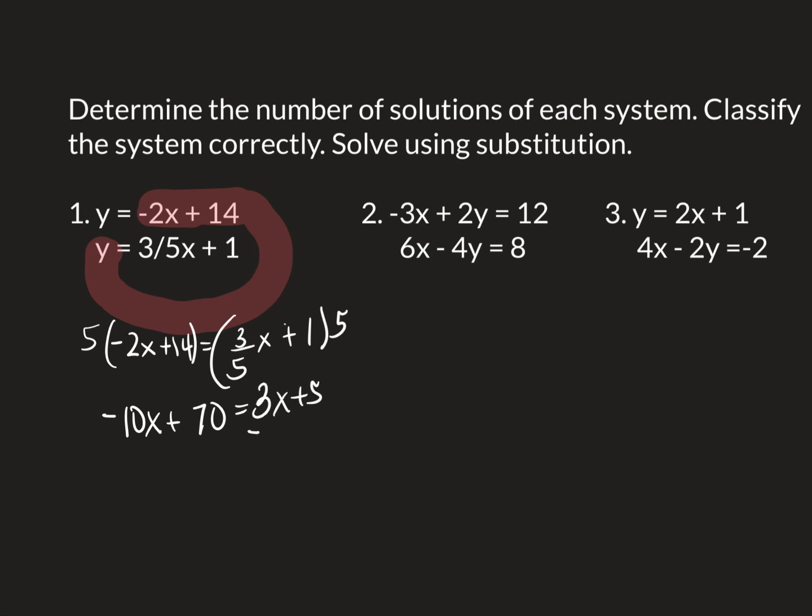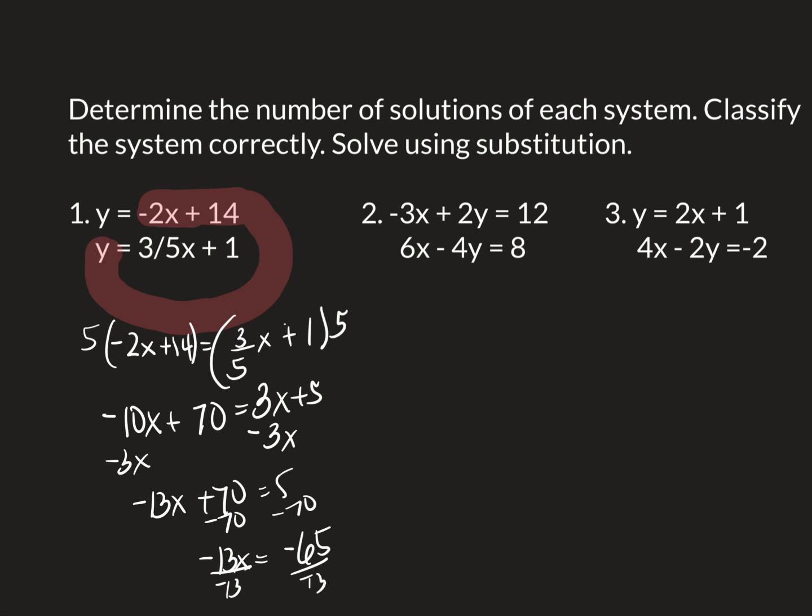I'm going to subtract 3x, so negative 13x plus 70 equals 5. Subtract 70. Negative 13x equals negative 65. Divide by negative 13. X will equal positive 5. So positive 5 is my x value.